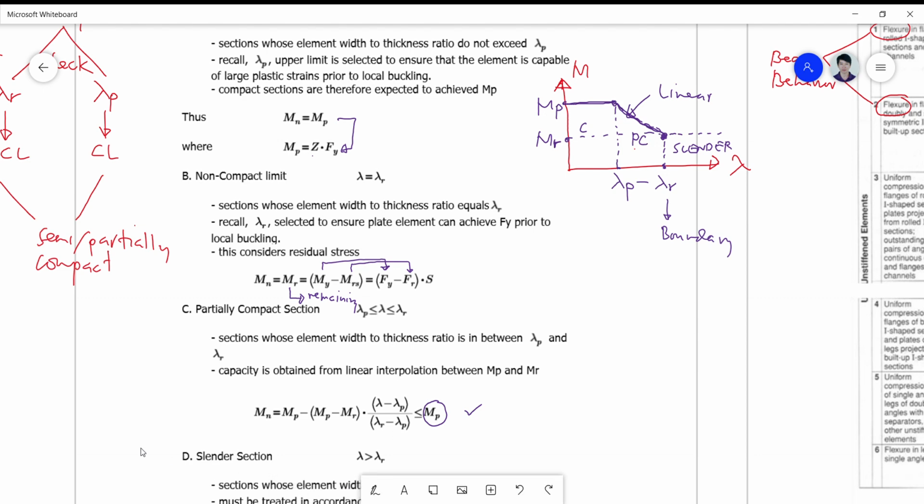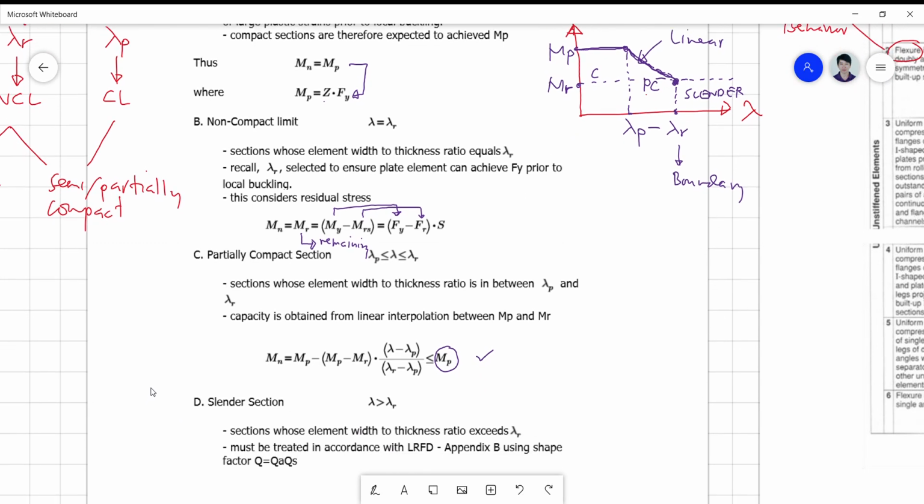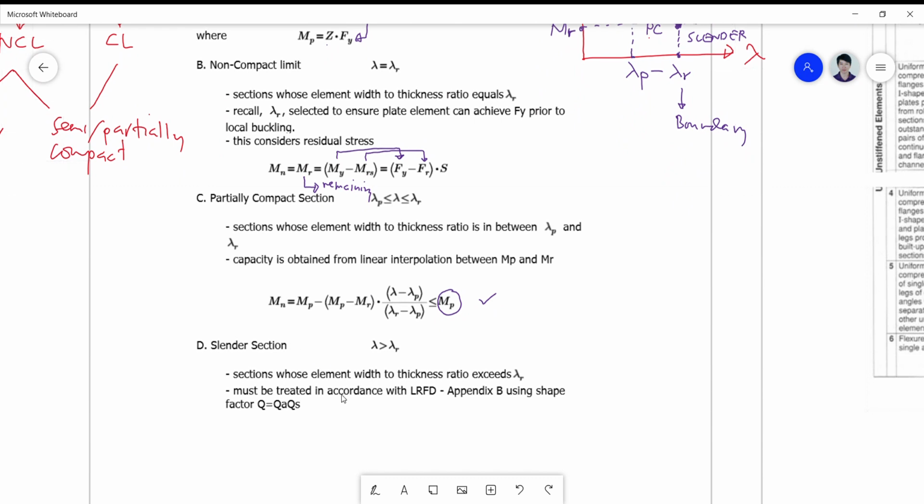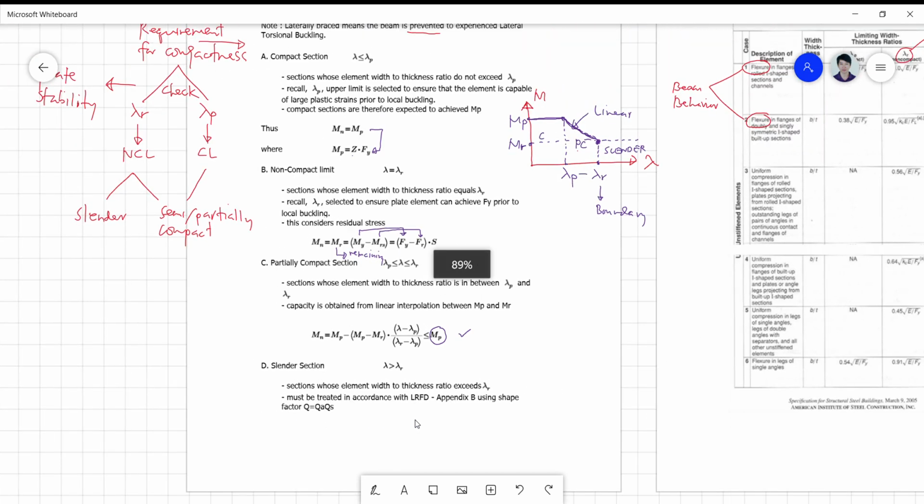And for the slender section, lambda is greater than lambda r, conditions of which the sections whose element width to thickness ratio exceeds lambda r, and this must be treated in accordance with the LRFD Appendix B using a shape factor or a reduction coefficient Q equivalent to Qa Qs.